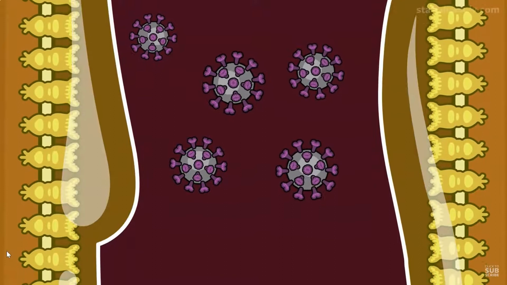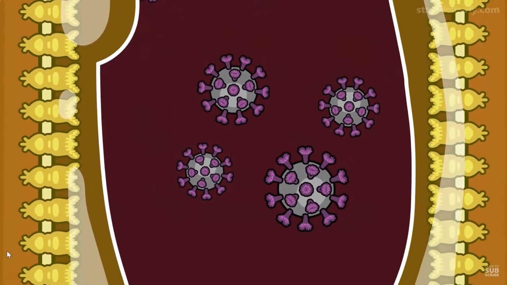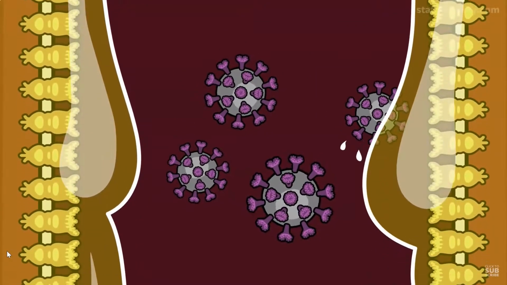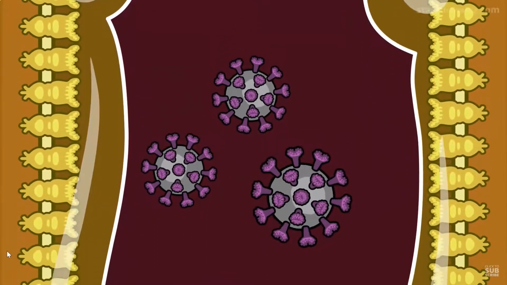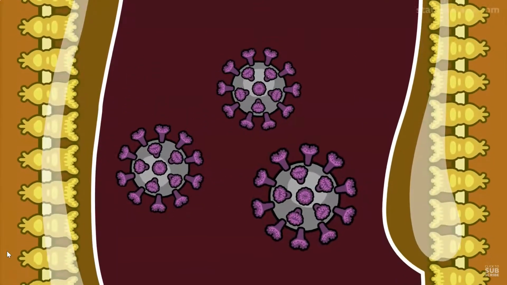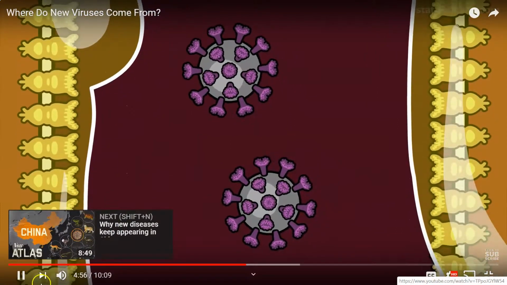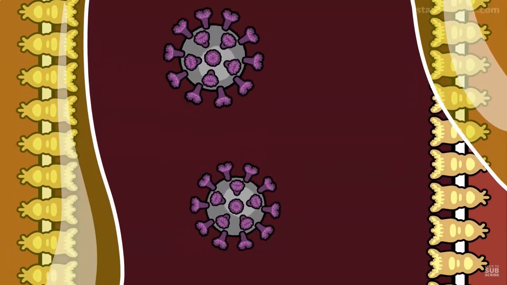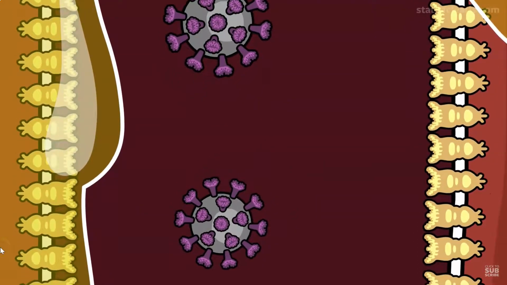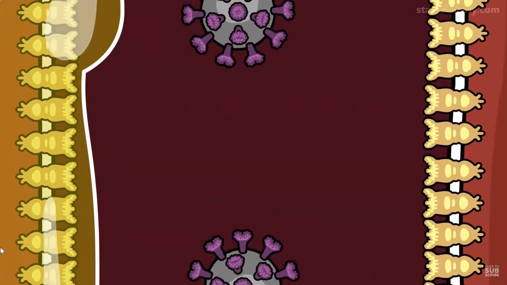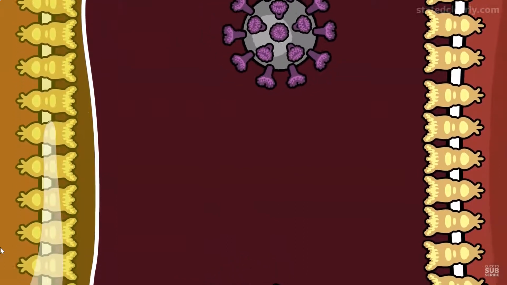Early on, during a spillover event, the virus usually isn't very good at infecting its new host. Its Velcro is not a perfect match, and many other challenges might slow the virus down. Oftentimes, the mutations that let it infect the new host also make it worse at infecting its original host. Because of this, many spillover viruses go extinct after infecting just one or two people. They're usually dead ends.